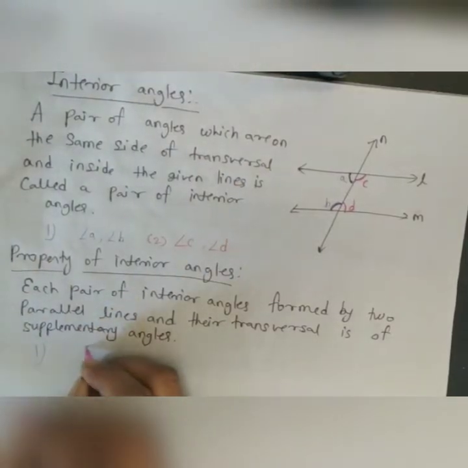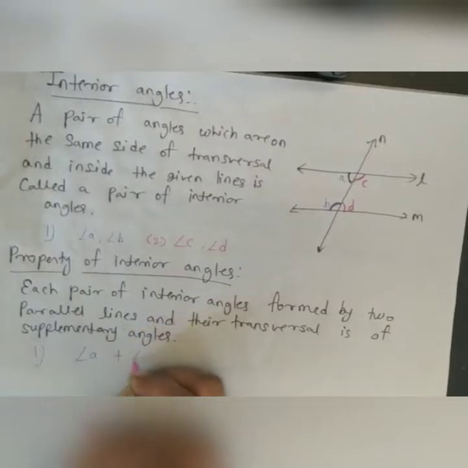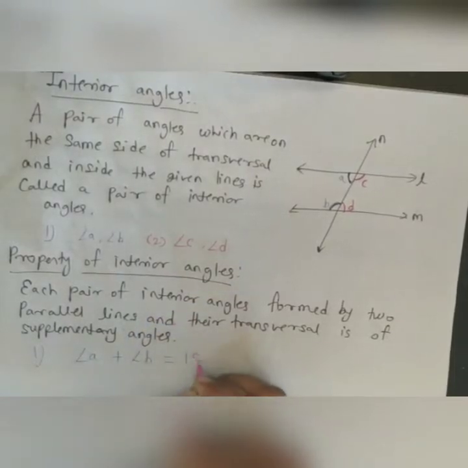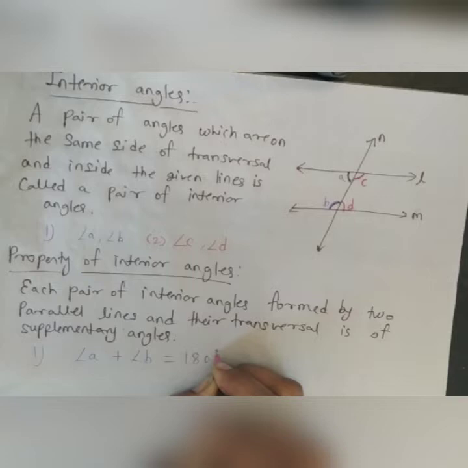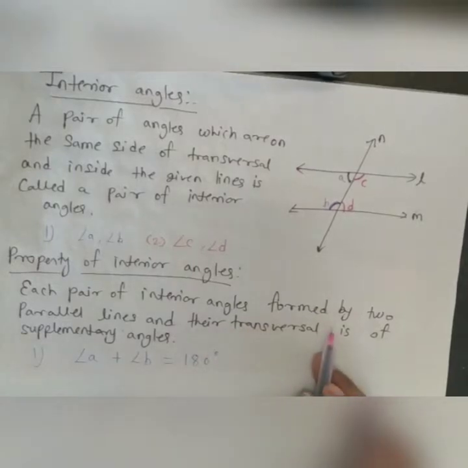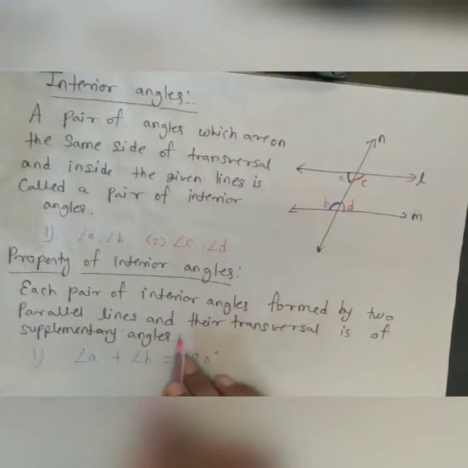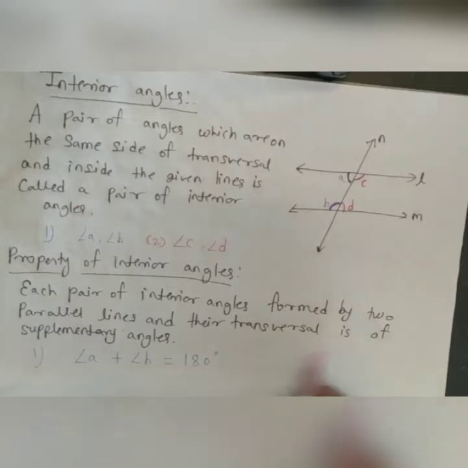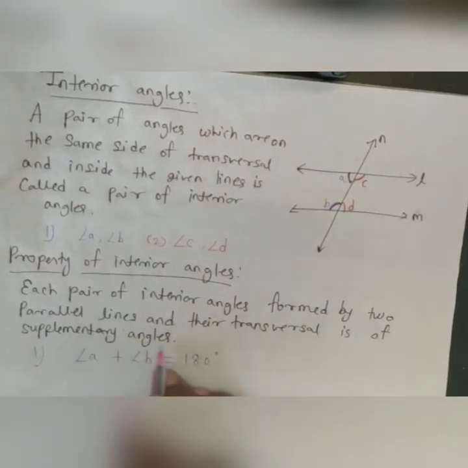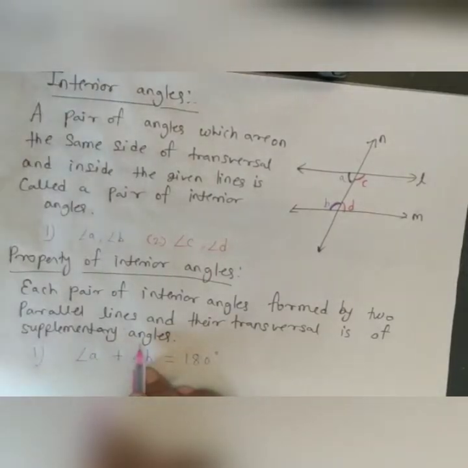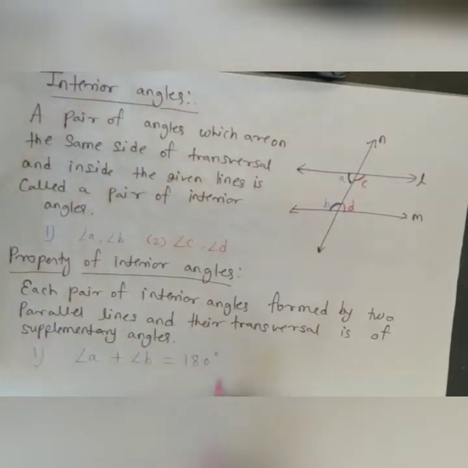First, angle A plus angle B is equal to 180 degrees. Each pair of interior angles formed by two parallel lines and their transversal is of supplementary angles. Supplementary angles means the sum of each pair of angles makes 180 degrees.